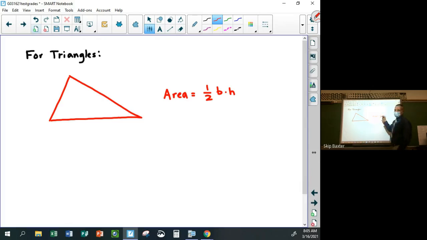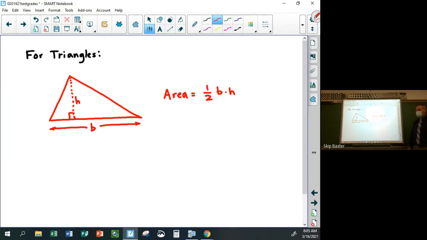And again, the height is measured perpendicularly. This would be the base here. And the height would be perpendicular height or altitude, h. Not the length of one of the sides necessarily.